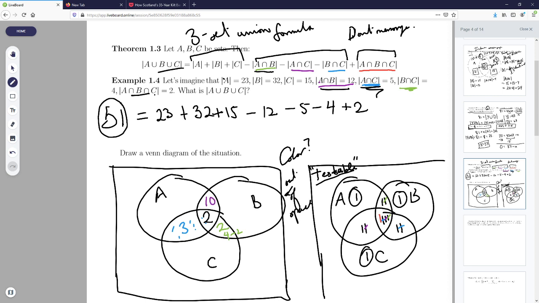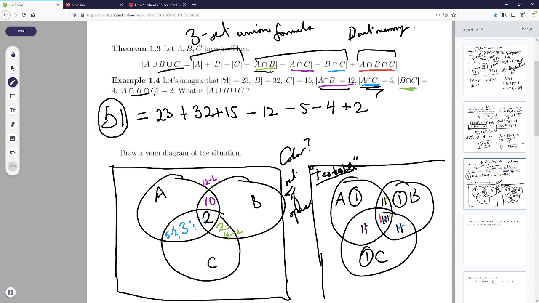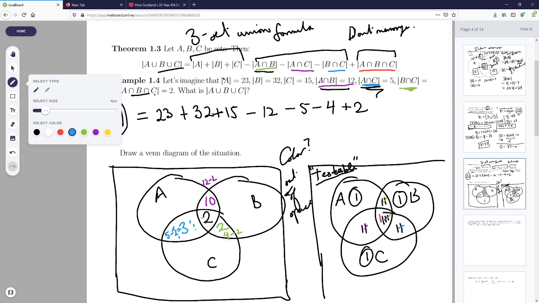Because there's 10 things left. Okay. So now let's deal with A. I guess A can be green.